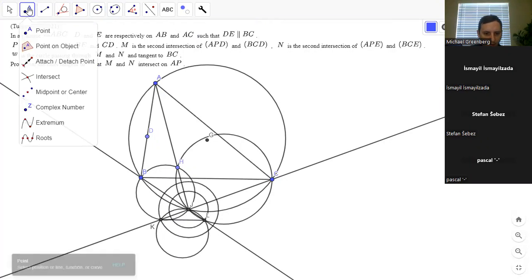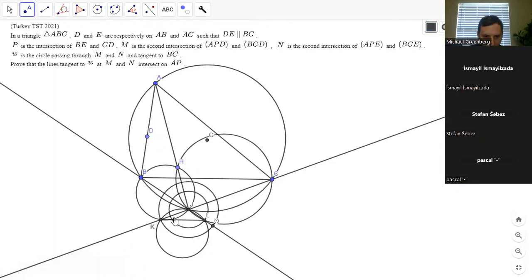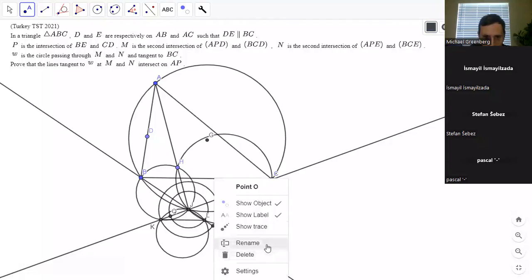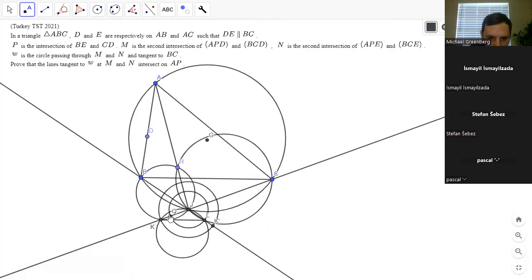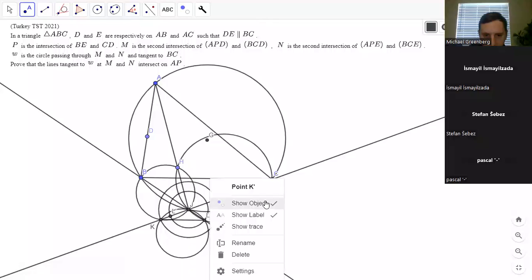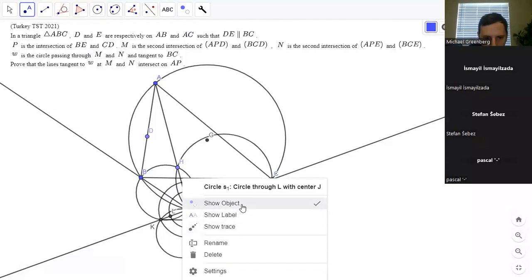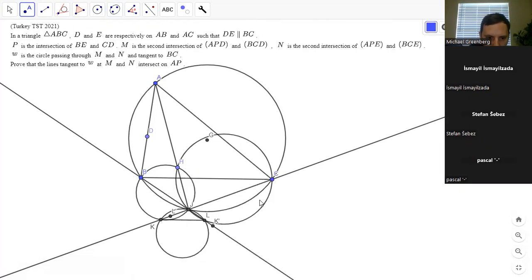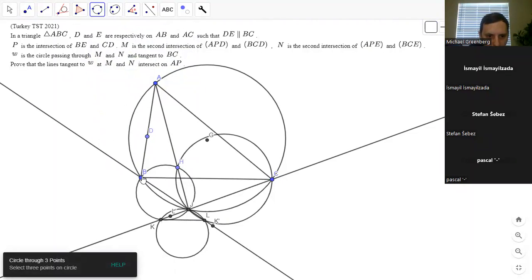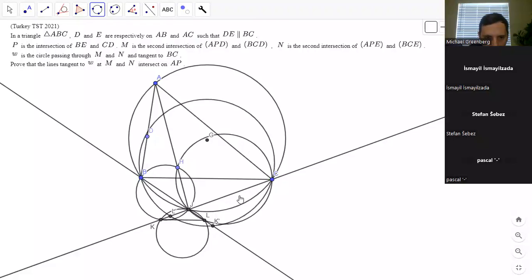So if we let this be K prime and this be L prime, then basically an inversion about J would take L prime, B to K prime, and C to L prime. And then we could reflect it. So let's think about that.